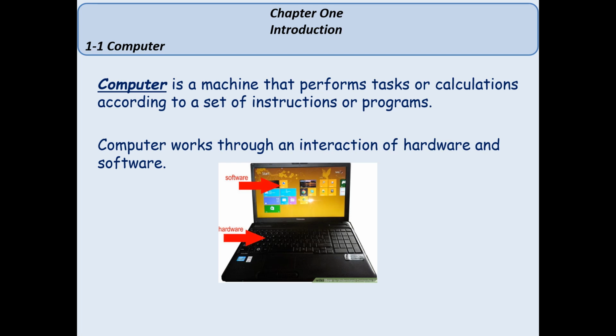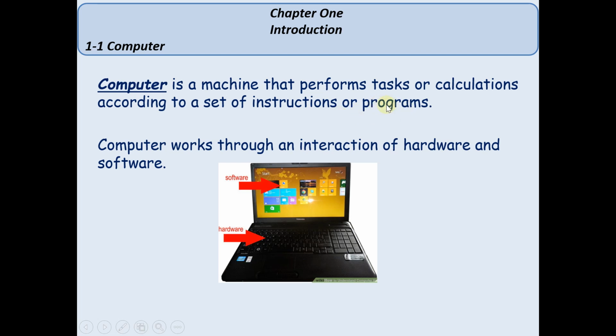A computer is a machine or an instrument which is created to perform some tasks or calculations, like for example when you are calculating, writing a report, creating a presentation, or running any other application. This is being done by the computer, and we all know that computers work by executing some tasks included inside a program.